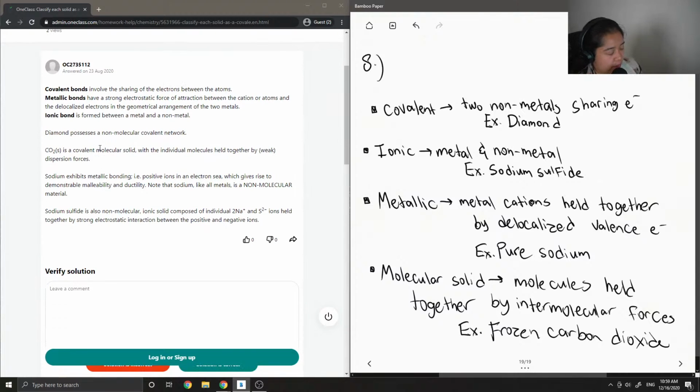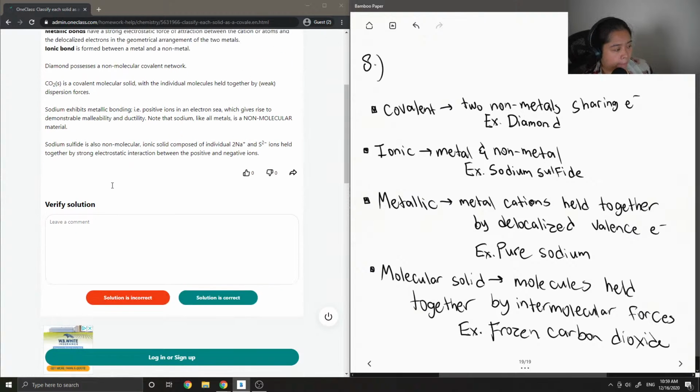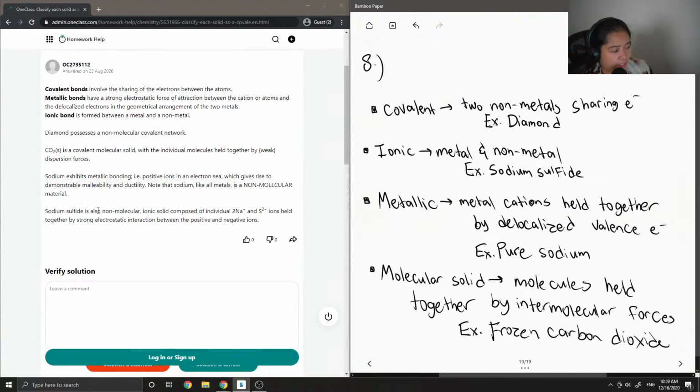Diamond possesses a non-molecular covalent network. CO2 is a covalent molecular solid. Sodium exhibits metallic bonding. And sodium sulfide is also a non-molecular ionic solid composed of Na+ and S2- ions. Yep, so this solution is correct.